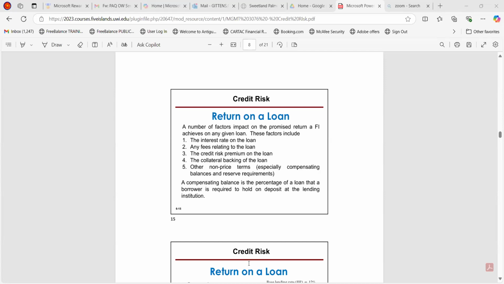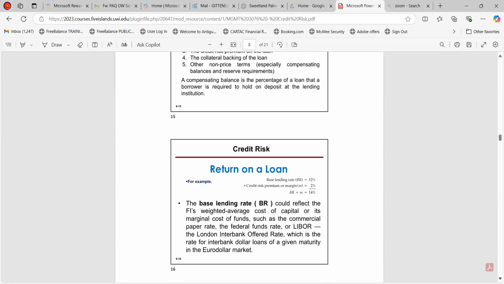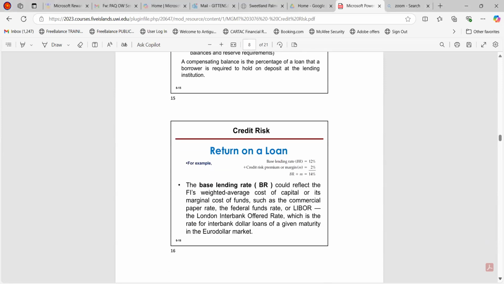Reserve requirements are needed because the bank has to pay reserve requirements to the central bank for the deposits, and it's using these deposits, and so it recoups that reserve requirement cost from the loans that it offers. So we look at the different elements, right?